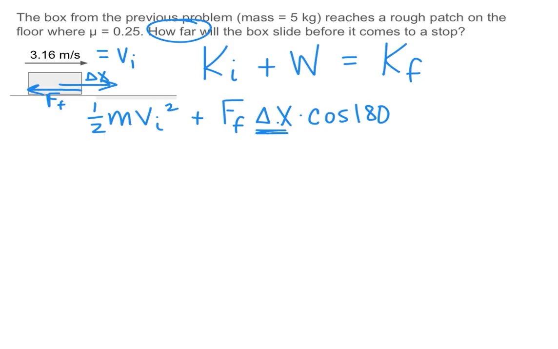The work is the energy being taken from the object instead of being given to the object. And in the end, the whole thing comes to a stop. And so there's no speed, there's no energy stored anymore as kinetic energy, and so this should all end up being 0. All the energies switch to the thermal energy.